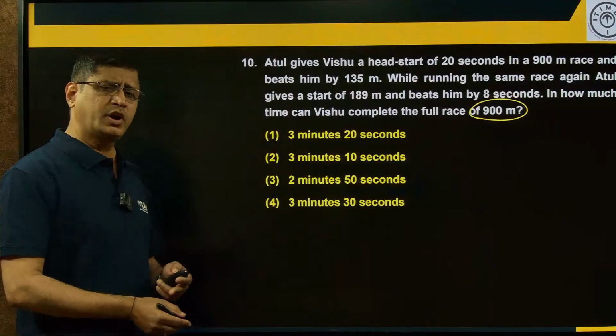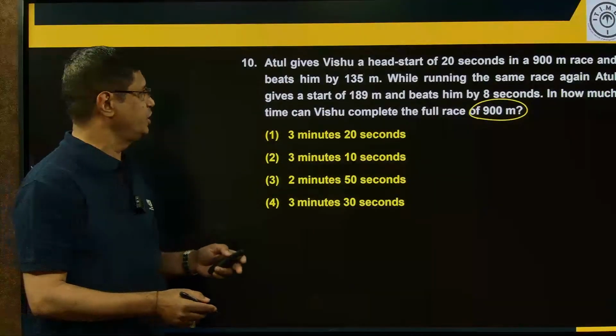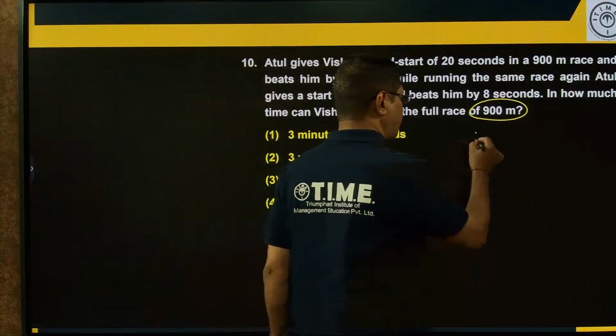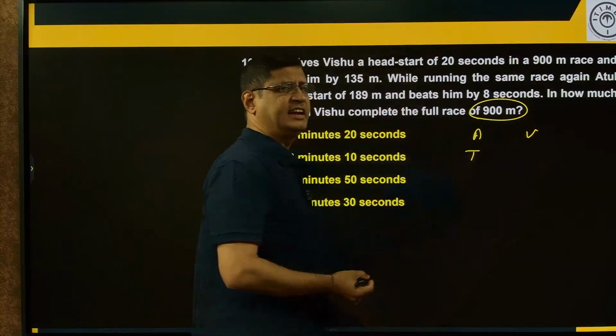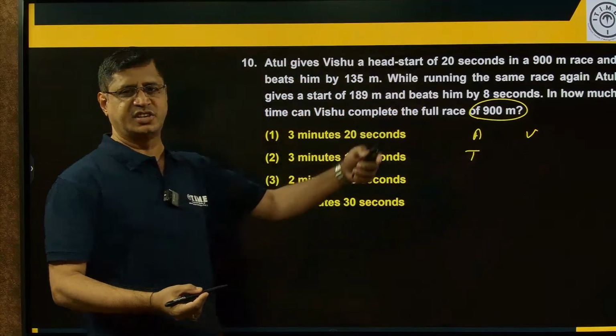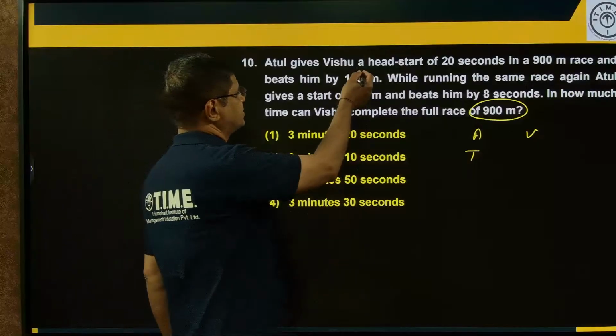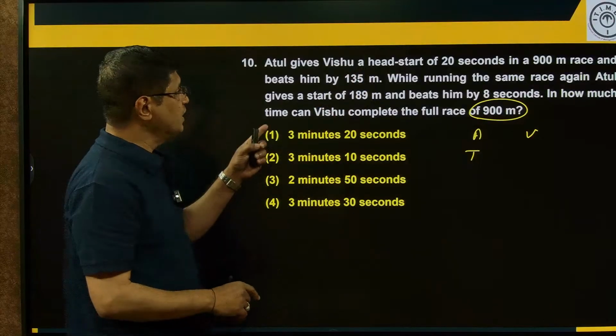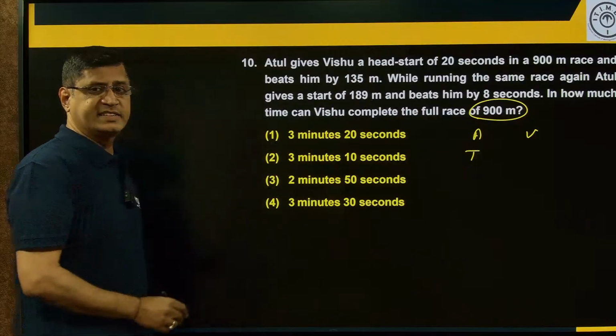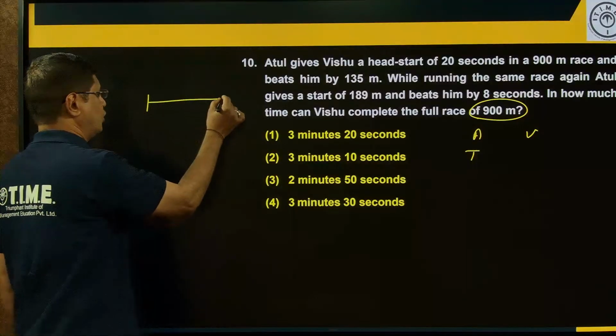Dear students, if you observe the first scenario here, Atul and Vishnu. Let us take that Atul took T seconds to reach the destination. What about Vishnu? Vishnu was given a 20 seconds head start. Look at this diagram.